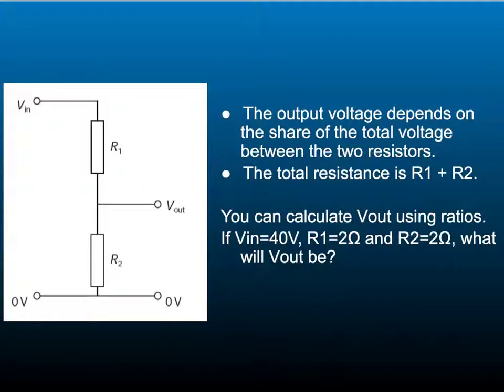The output voltage depends on the share of the total voltage between the two resistors. The total resistance, because the resistors are connected in series, is R1 plus R2. You can calculate V out using ratios.